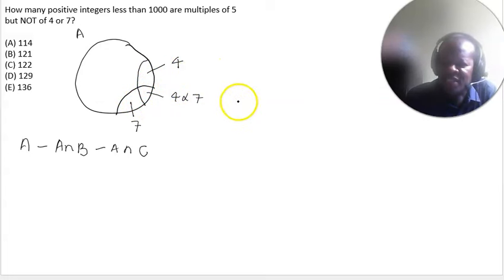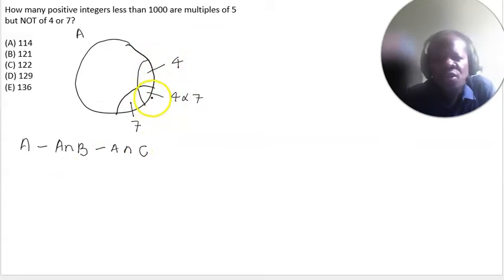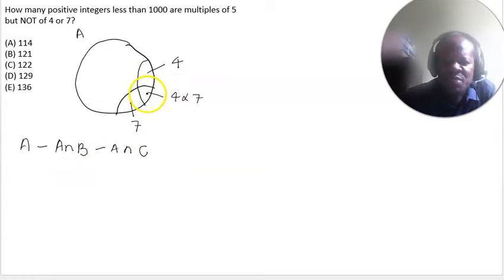Remember the other part, I want you to just follow the explanation. I'm talking about A, B, and C here to make the calculation much easier. So if you extend this circle, you generate a B here. If you extend 7, you generate a C here. Okay, so now A intersection B intersection C is this particular region.